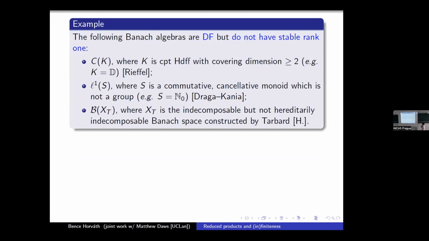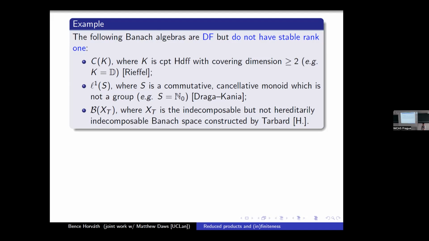If, for example, you take the Banach space of Matthew Tarbard, who constructed an indecomposable but not hereditarily indecomposable Banach space, which has additional weird properties, this will do the job for you. This result builds on the one above.